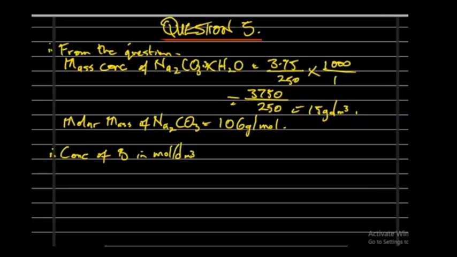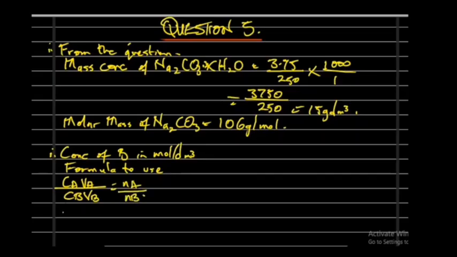So formula to use: we'll be using CAVA over CBVB equals NA over NB.